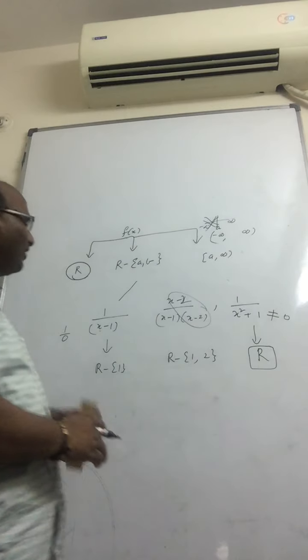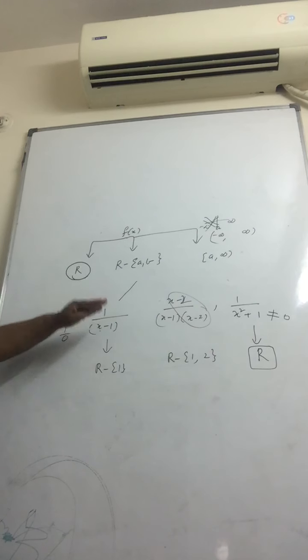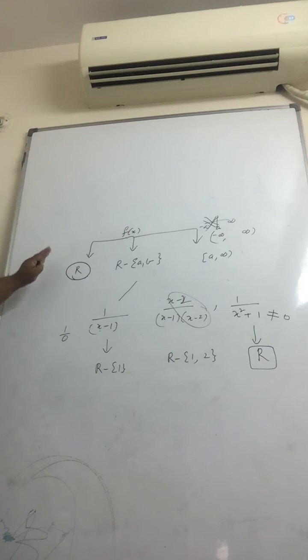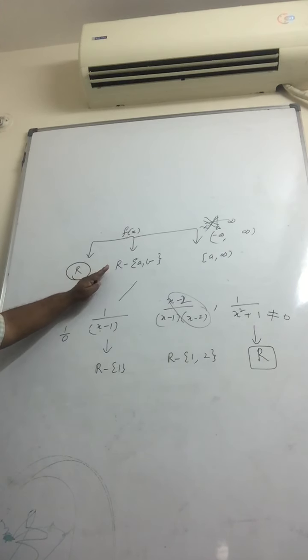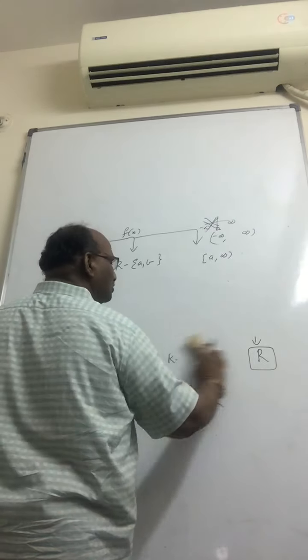So for a rational function, don't assume that some x values have to be removed. In case the denominator is 0, or where a hole occurs, those particular values must be removed. So I discussed functions whose domain is real, and a function whose domain is not real, where only a few values of x are removed to get the domain. Now, let us discuss the third category.